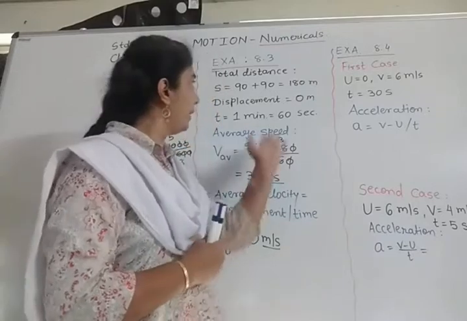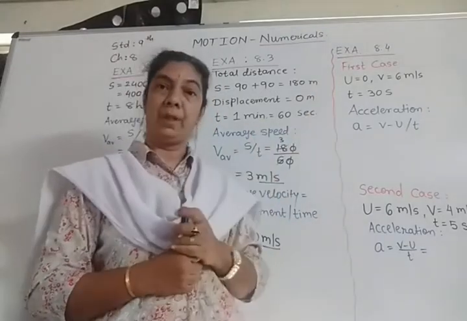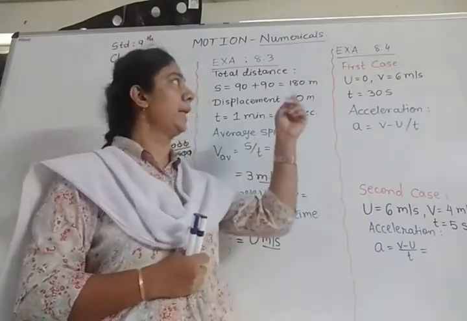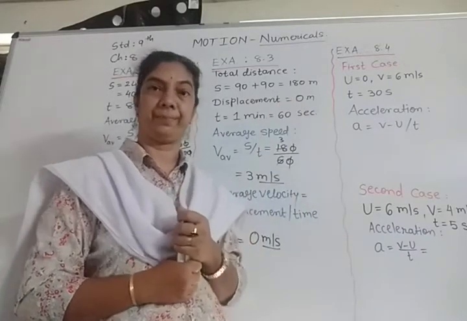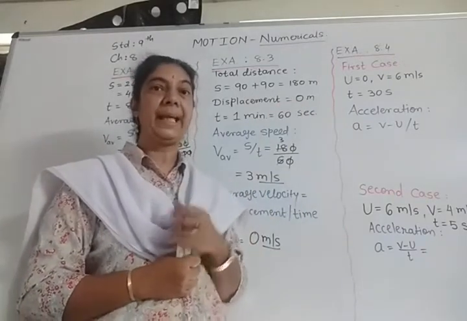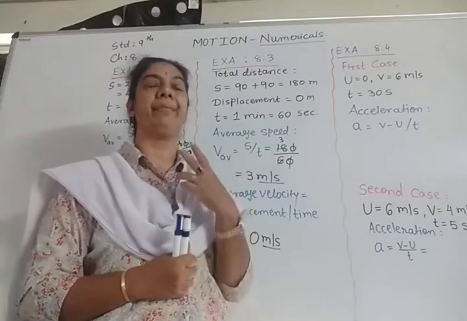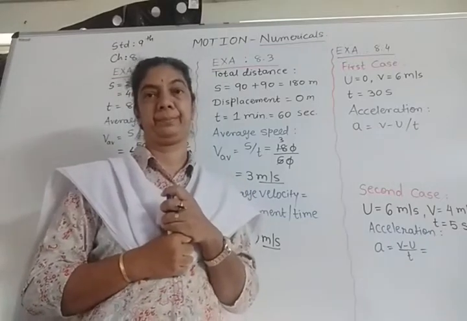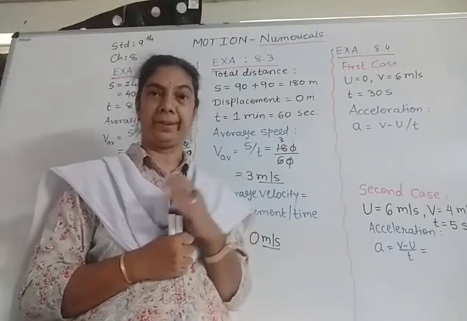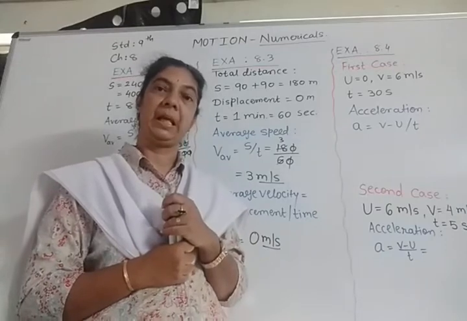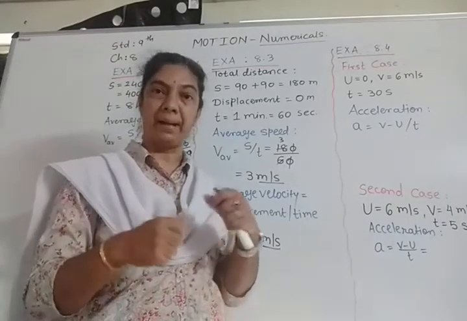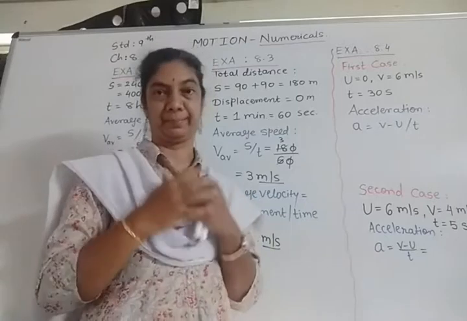After discussing this example, we have one more example, that is example 8.4. In that two cases are given. Try to get it one by one. Rahul starts pedaling his bicycle.